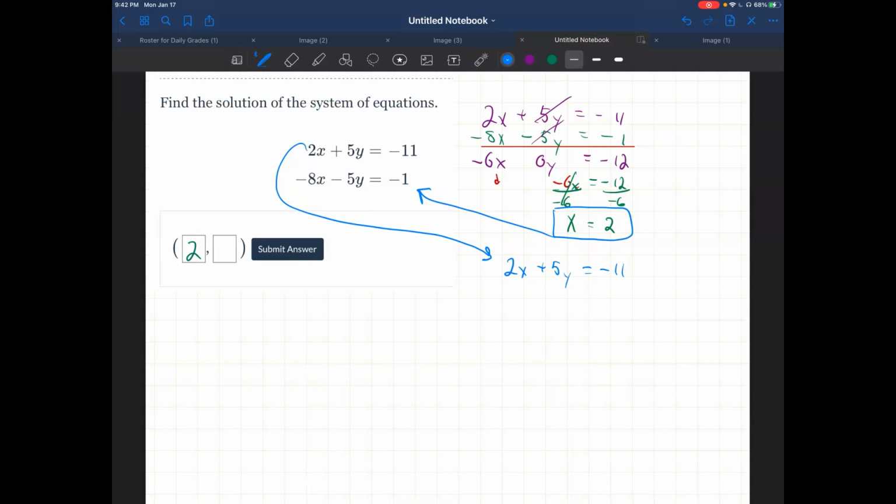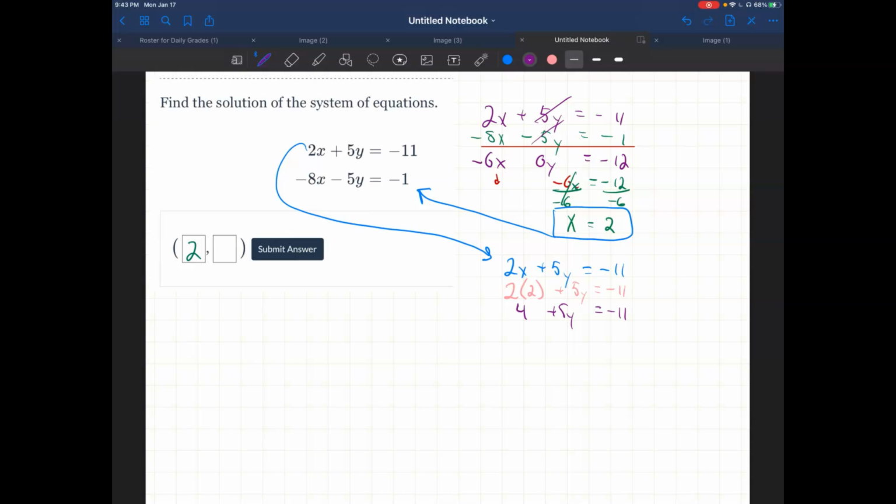Give me a new color here. So I know that 2 times 2 plus 5y equals negative 11. Well, 2 times 2 is 4, plus 5y equals negative 11. And I'm just going to solve this equation here.